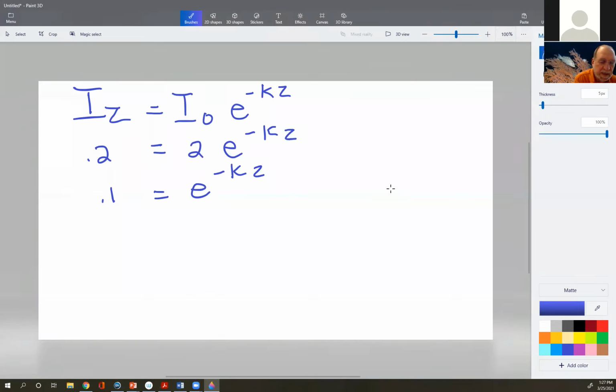All right? And if we want to then remove this, we take the natural log. So we say that the ln equals negative K times depth Z. All right. So how would I calculate that? A calculator.